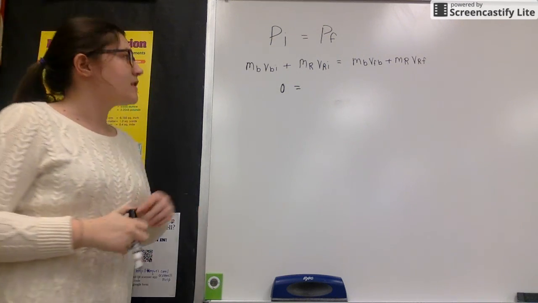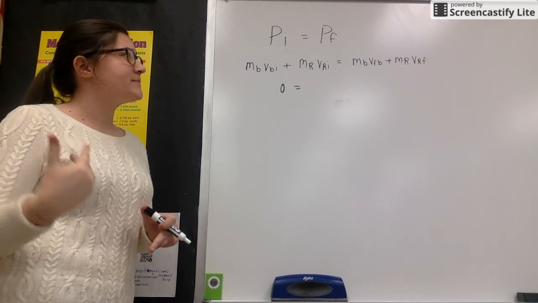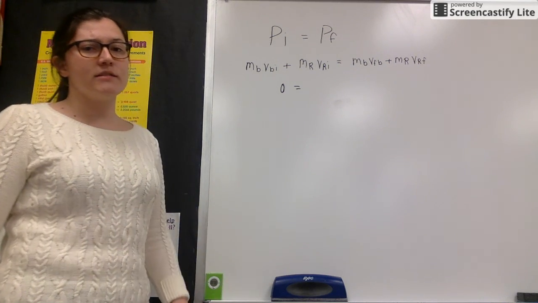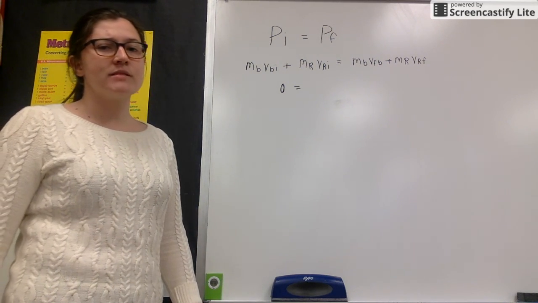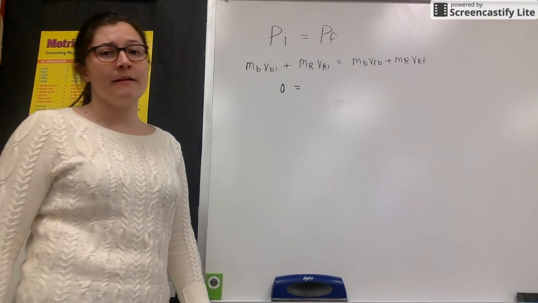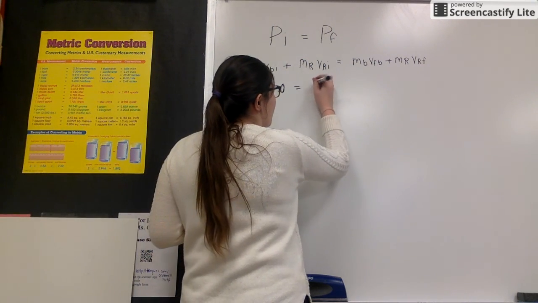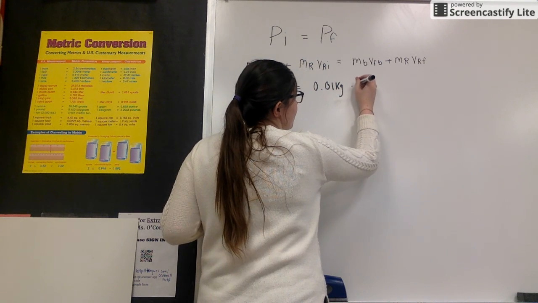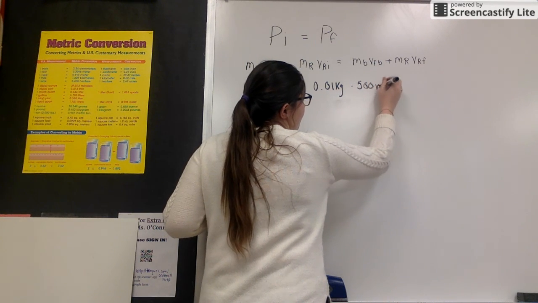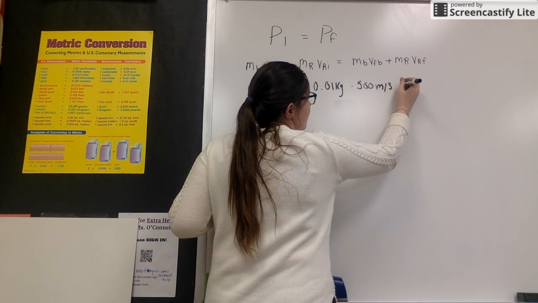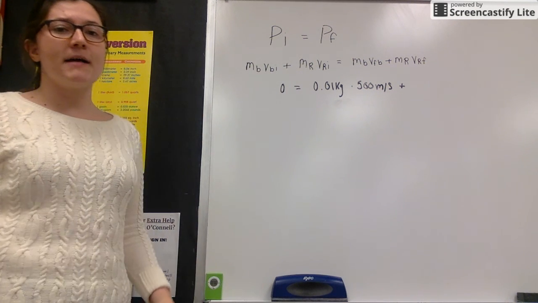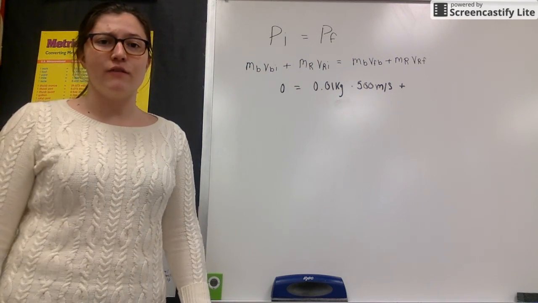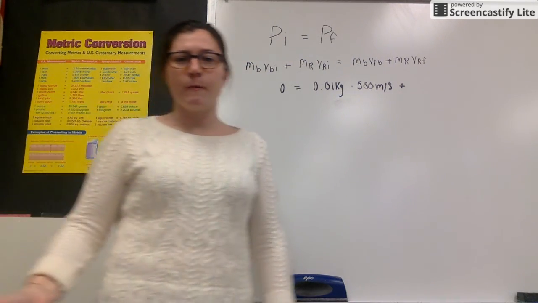So 0 equals the mass of the bullet times the final velocity of the bullet, which is 0.01 kilograms times 500 meters per second, plus the mass of the rifle, which we know is 3 kilograms, times the final velocity of the rifle, which we don't know, so we're going to leave it as a variable.